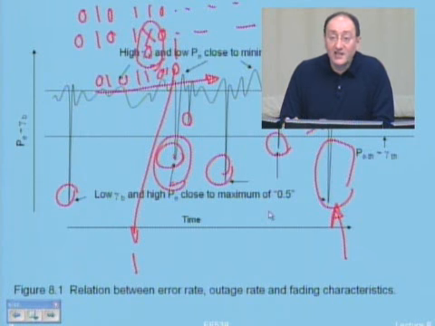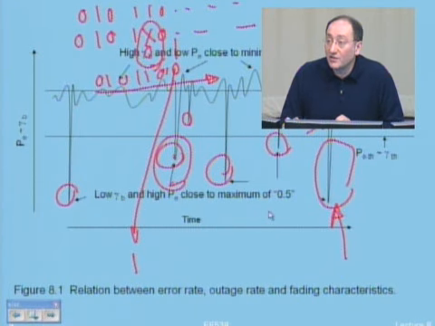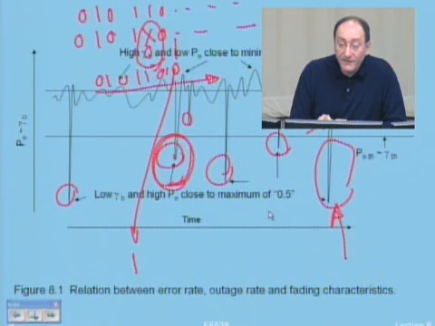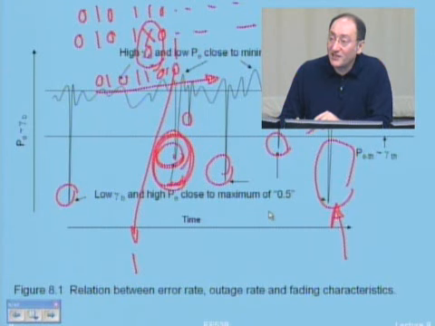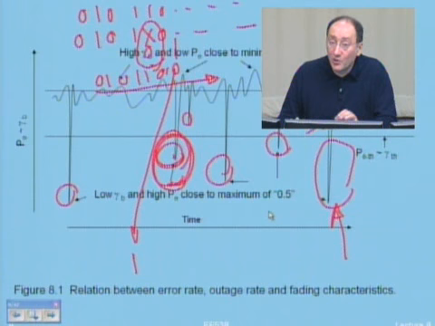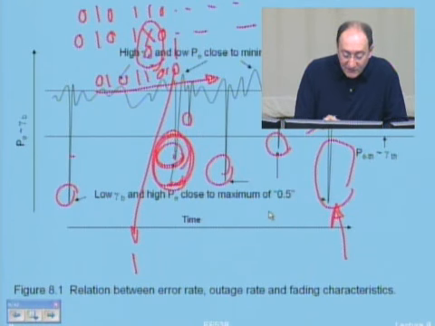But the basic idea is like this. Coding is very effective to improve the performance over what? Over the fading. Because when I go through the fade and I make the error, the impact is much more because I make an error every 10 bits.